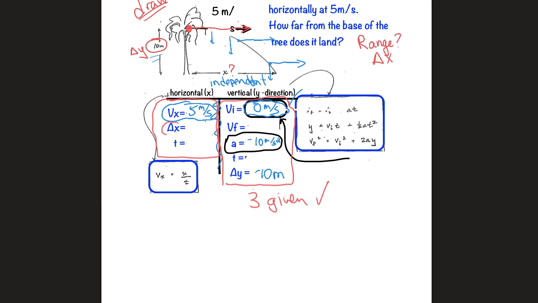The ultimate question is, how far out does the projectile land? And the key, and this can't be stressed enough, is that we're going to have to find the time for the coconut to drop vertically. And then the time to drop equals the time for the coconut to fly. Remember, we proved that in our lab where we launched marbles. The time vertical, straight down, should be the same as the time sideways.